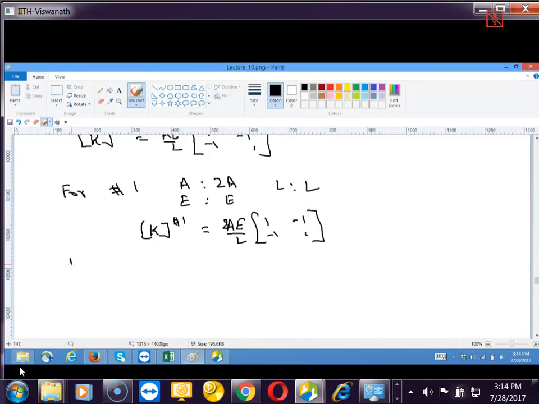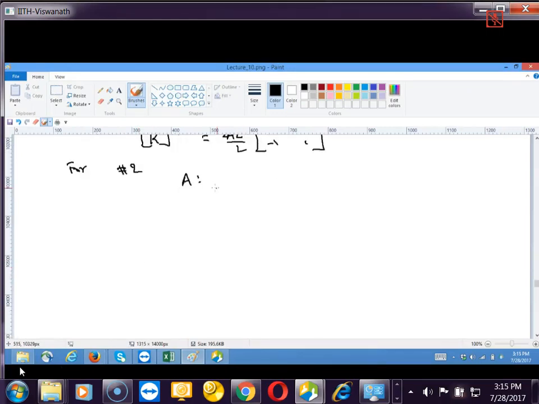For element 2, A is defined as A, E is defined as 3 times E, L is defined by 2 times L. So my K for the second element is given by A 3E divided by 2L [1 -1; -1 1].